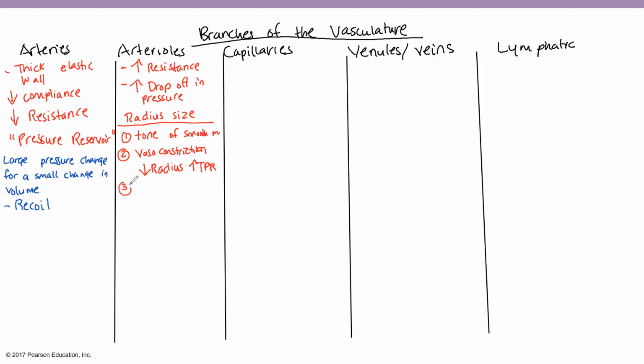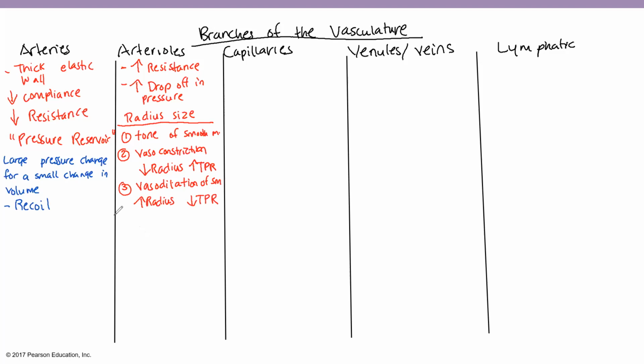Vasodilation was the third way that we can regulate the radius, and that's the opposite. Vasodilation of that smooth muscle increases the radius or decreases the TPR.